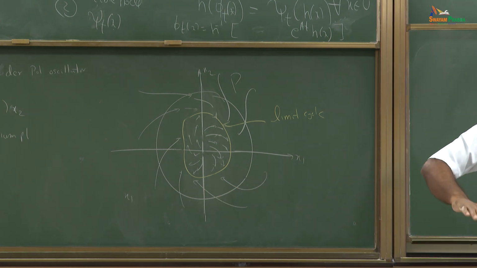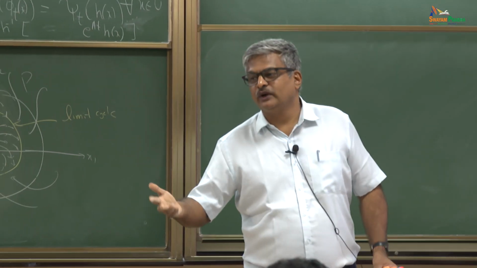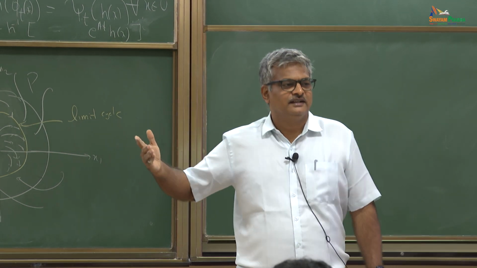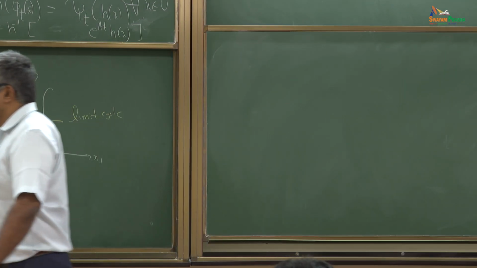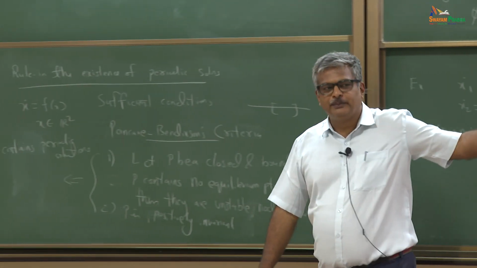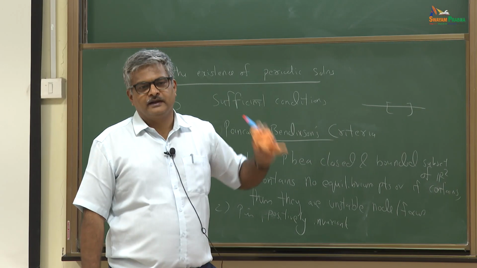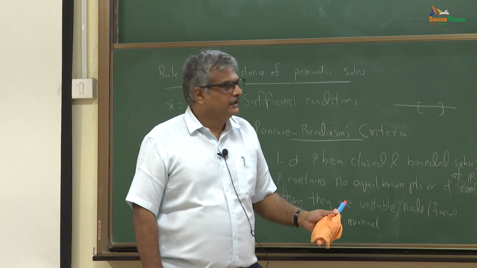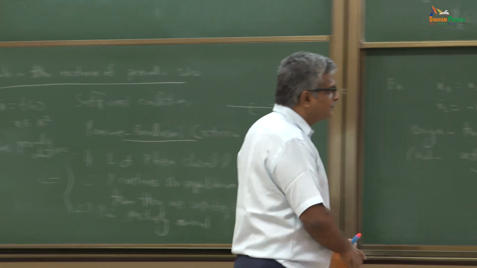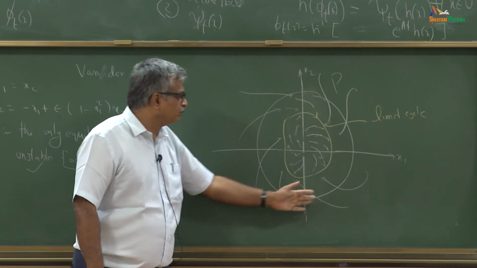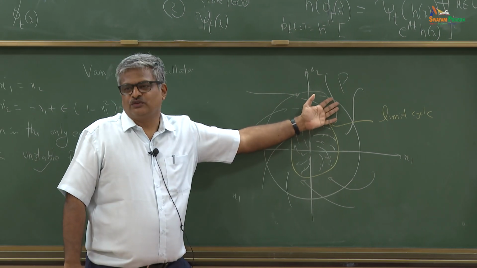Through the phase portrait, you actually concluded it has a limit cycle, but that is another analysis. This analysis will only tell that P contains periodic solutions. This is how you apply the criteria. The hard part is, well, this was a second order system, so I could draw the phase portrait and say that P is positively invariant.